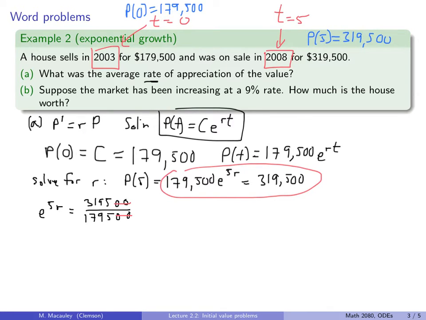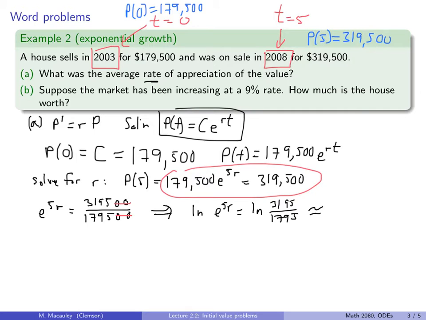Let's take the natural log of both sides, but we usually just call that log. So the natural log of e to the 5r equals the natural log of 3195 over 1795.